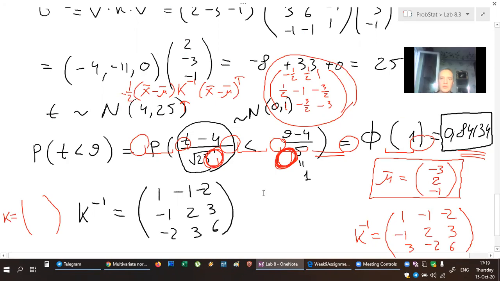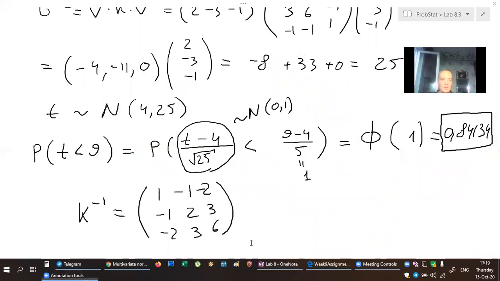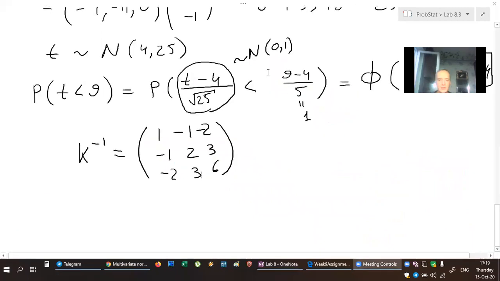So now it's correct. Sorry, I made a mistake in annotations. Okay. No, 3, minus 2. And I guess, oh no, sorry, my mistake.